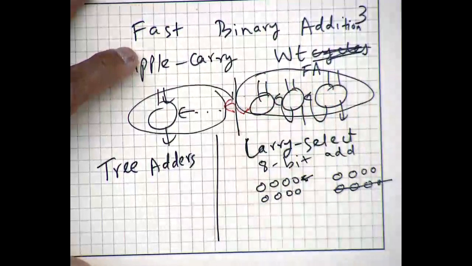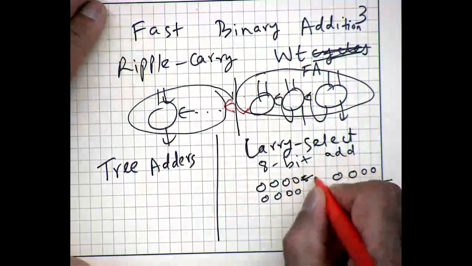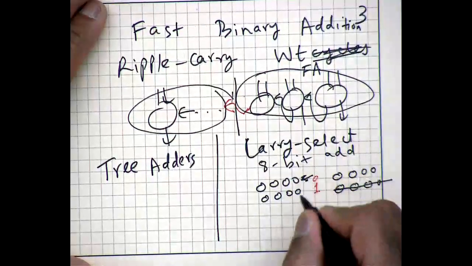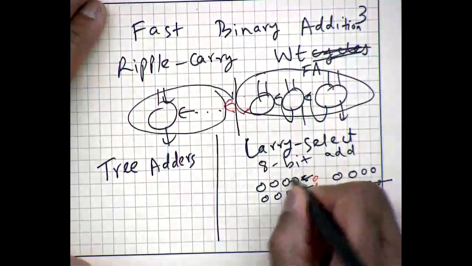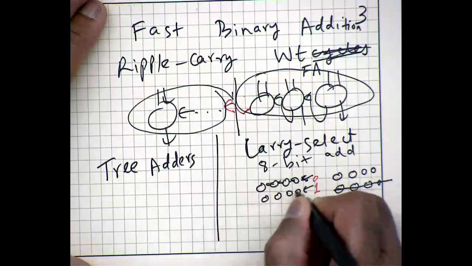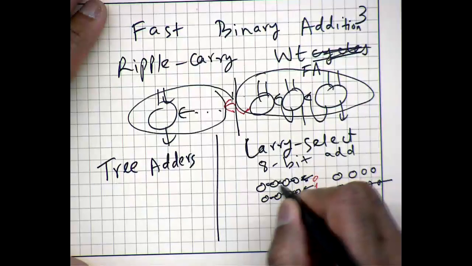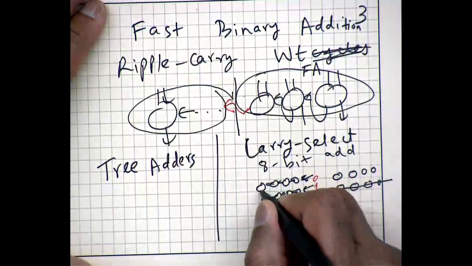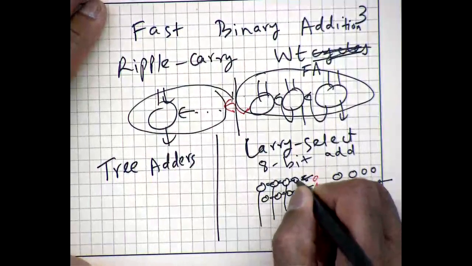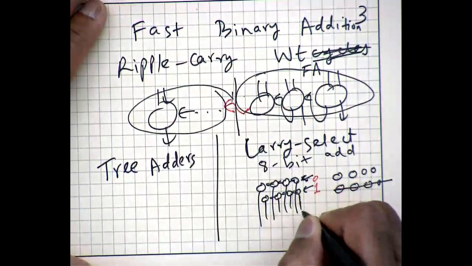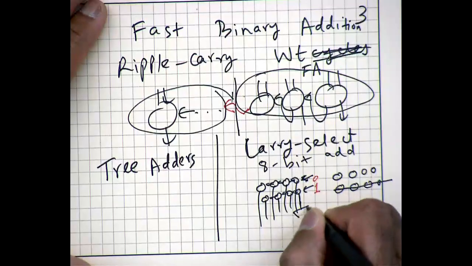But that carry is not known, but I can compute the result assuming the carry can be either 0 or 1. So I can compute these in again ripple carry manner and compute two of these sums. This is one sum and this is one sum, and then feed a multiplexer.